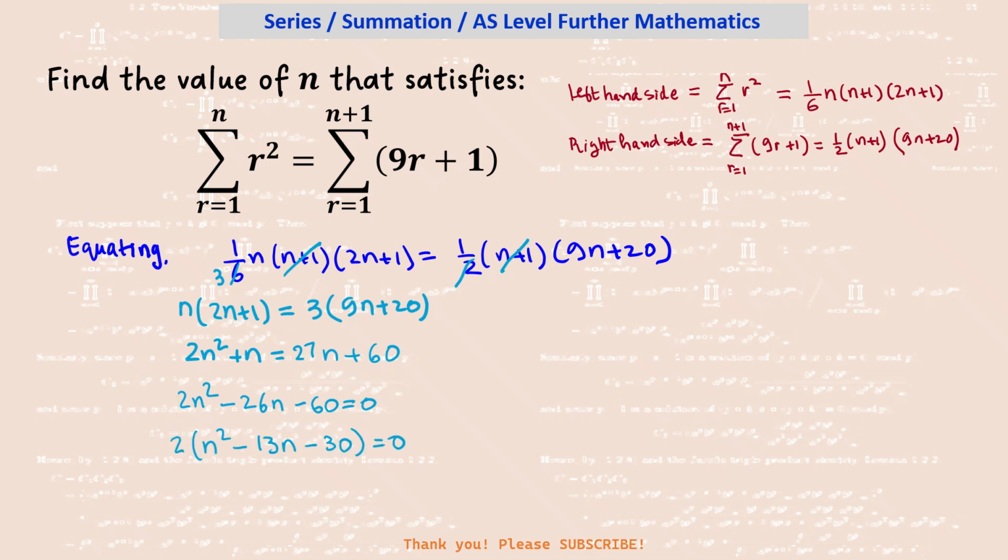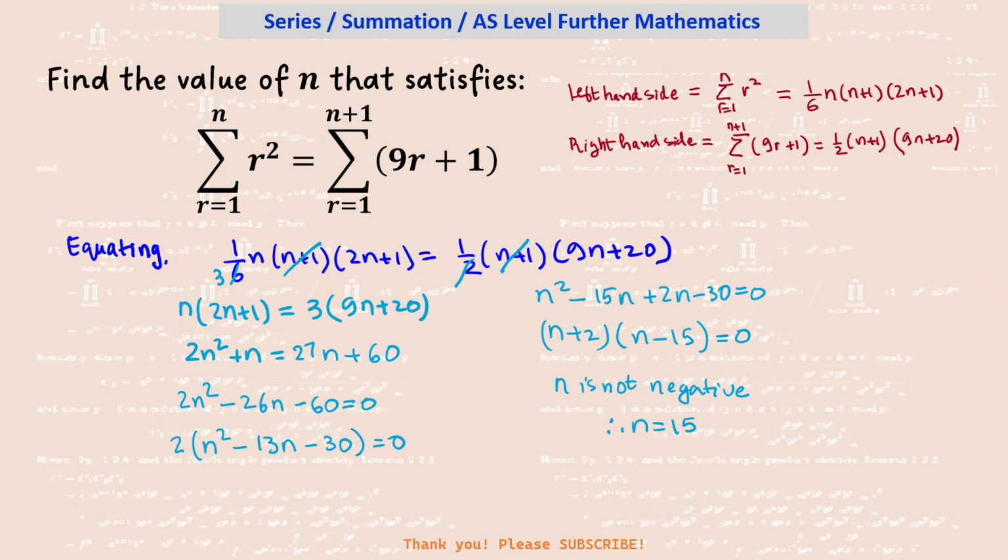I took 2 as a common term. 2 can't be 0, so we have n squared minus 13n minus 30 equals 0. And if you break down this 13n to minus 15n plus 2n, then you would get the answer as n equals 15. Now n can't be minus 2, as it's not negative. So the answer is n is 15.